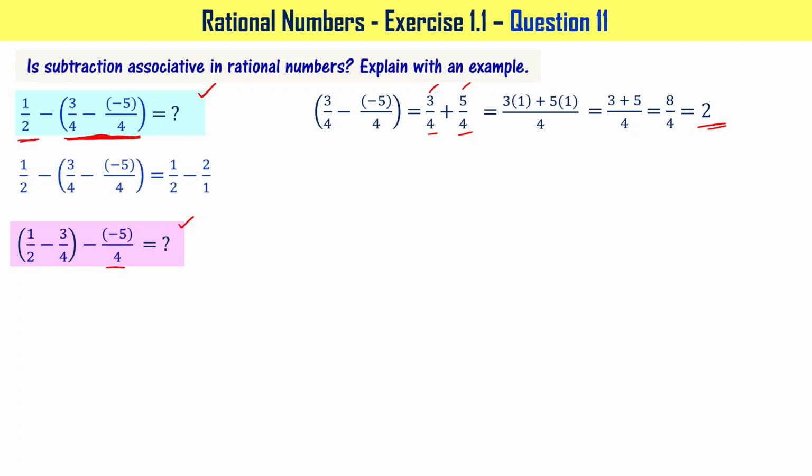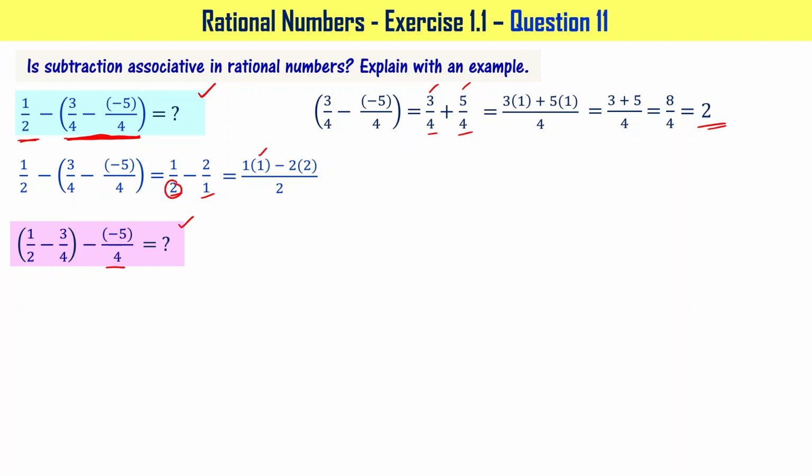1 by 2 minus 2 by 1. When you subtract, since the denominators are not the same, we'll find the LCM of these two numbers, right? 2 and 1, LCM is 2. So let's write that as the denominator. 2 divided by 2 equal to 1.